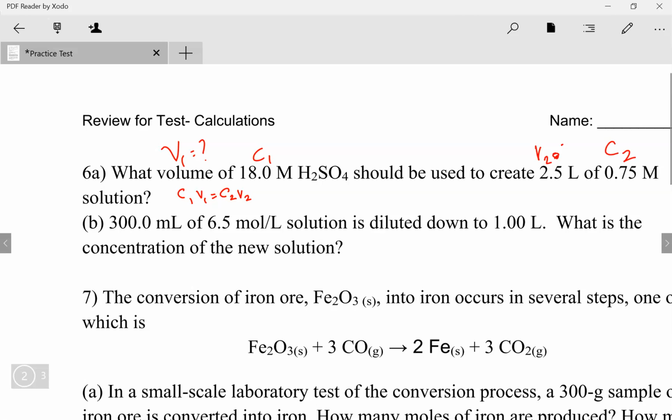So all we're going to do is say C1 is 18.0 times V1 equals 2.5 times 0.75.